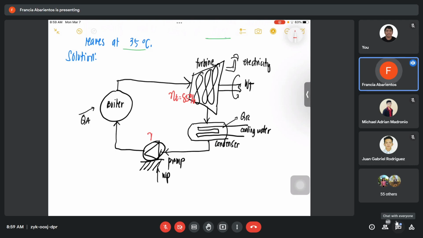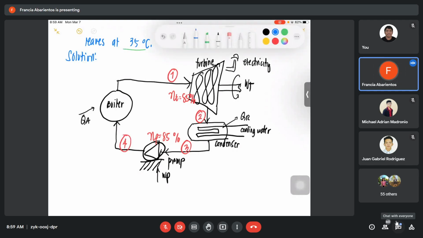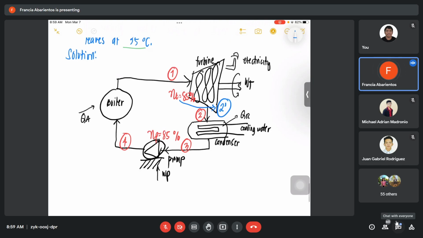Ano yung magbabago nating properties from point 1, 2, 3, to 4. So, magkakaroon na tayo ng 2 prime here. That is now your actual dahil sa pump efficiency, turbine efficiency. After that, magkakaroon din tayong 4 prime dahil sa pump efficiency. Okay.